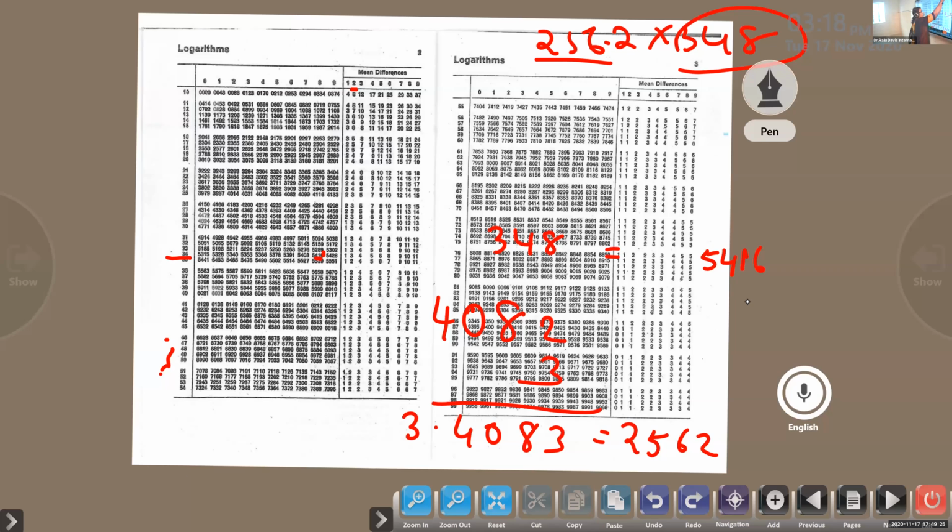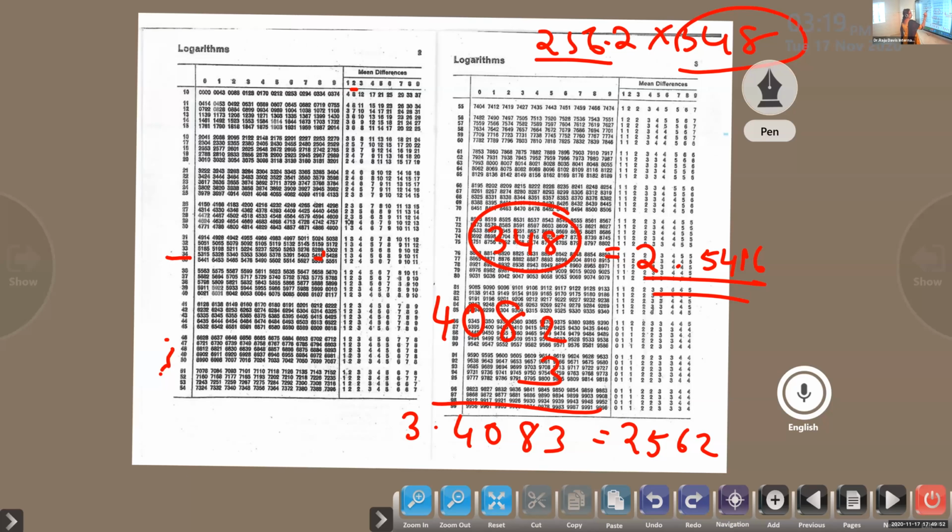Now, what we do is, instead of multiplication, we just add these. That is how logarithm is helpful for you. Instead of multiplying, we add these quantities together. So when you add together, you will get 3.4083 plus 2.5416.